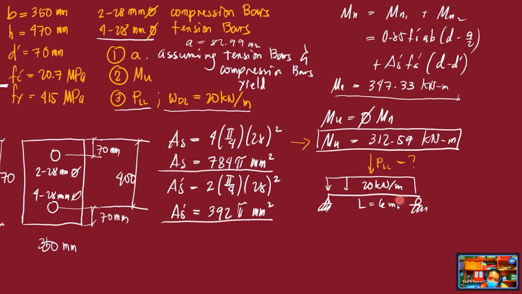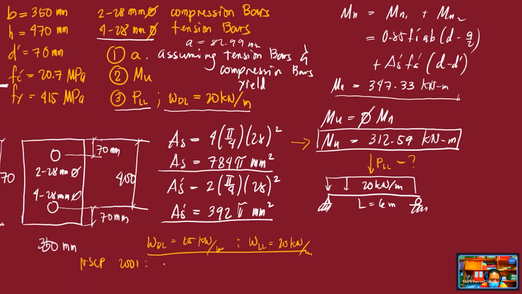Before we compute for the maximum moment, take note that these given loads are service loads. They are not yet factored loads, they are unfactored. For example, these are service loads.